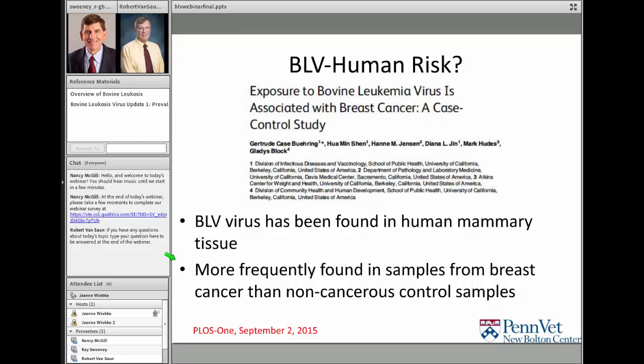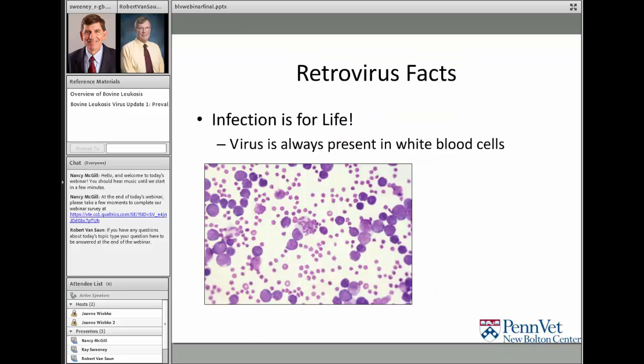So this is really an earth-shattering phenomenon, which, if additional studies prove it to be true, may change the way that we think about BLV, which up until now has really been just considered a livestock issue and not a human health issue.